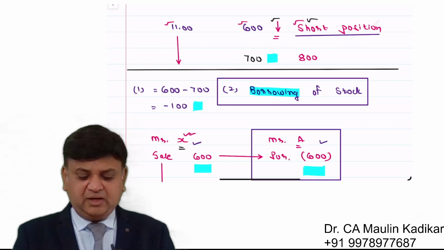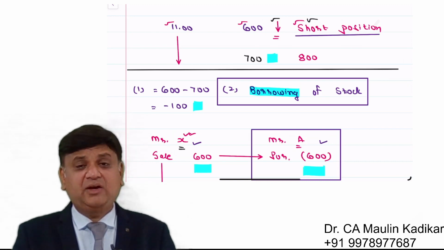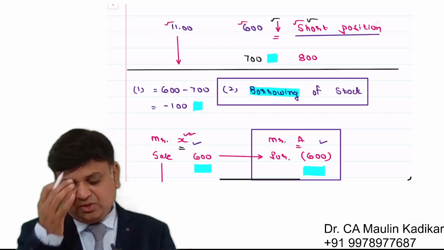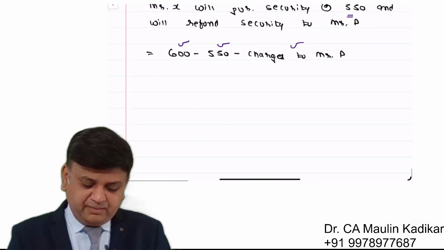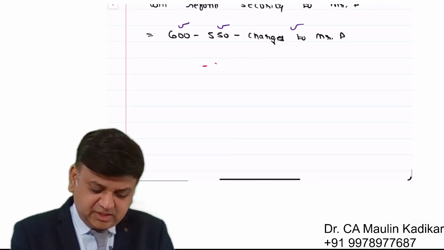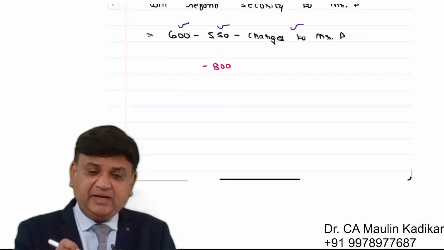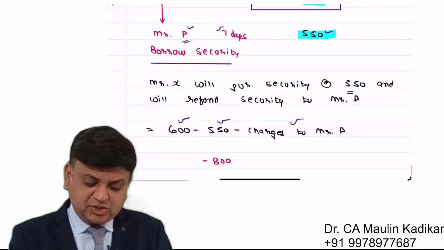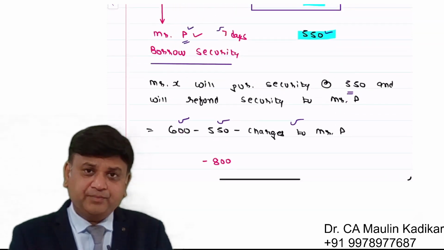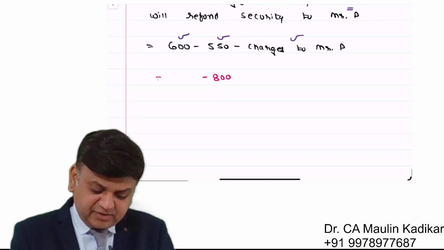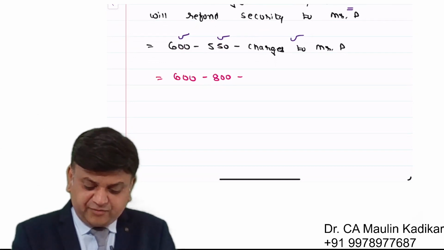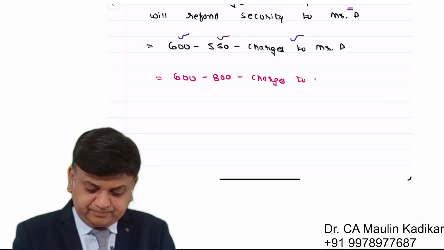Now Mr. X is expecting that the price will further increase, so no problem, let me now purchase the security at 800, and I will give delivery of the security to Mr. P. The sale price of the security was 600, purchase price is 800, and of course you are required to make the payment of the charges to Mr. P.